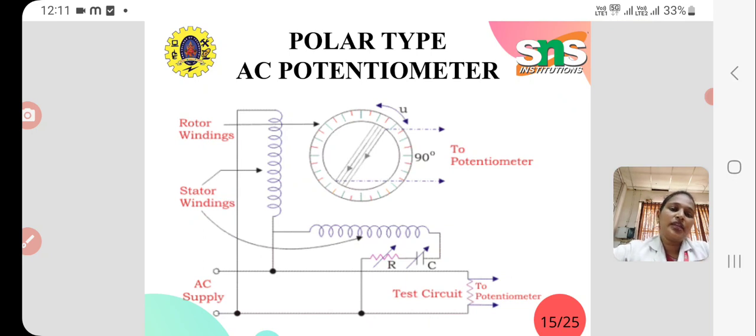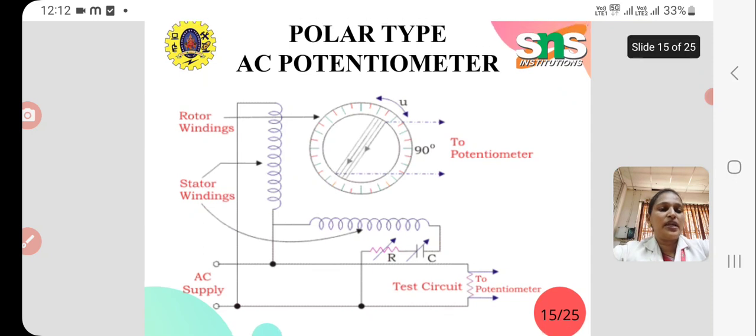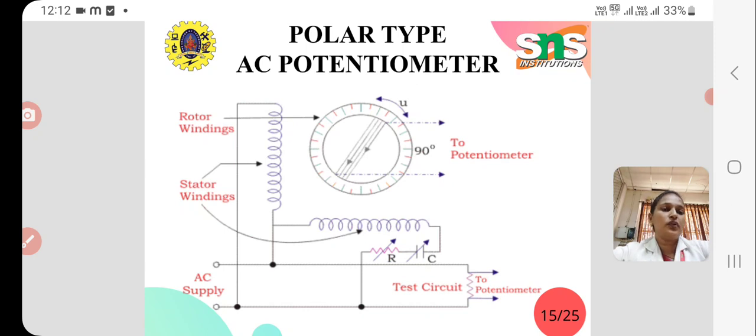And this 90-degree phase shift is achieved by adjusting the R and C, a variable resistor and variable capacitor, connected in series with the other stator circuit. The test circuit is connected to the potentiometer, and the connections from the rotor are also connected to the potentiometer.